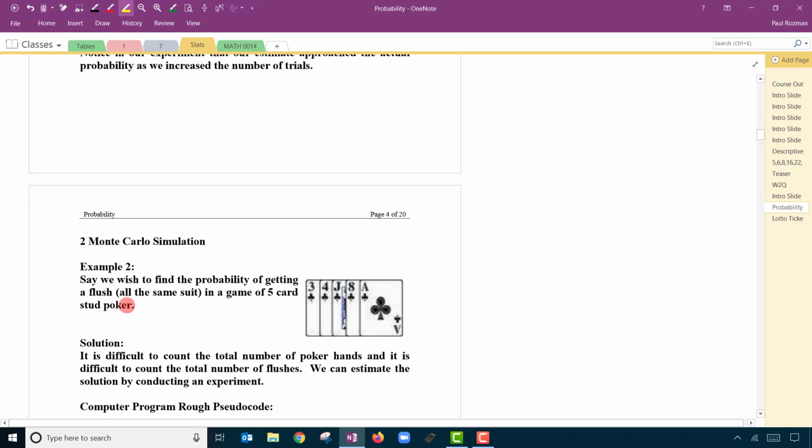Here's a little example then using cards where we're playing poker, and in poker you make a hand out of 5 cards. 5-card stud poker is special in that you never get to do anything weird. You don't draw any additional cards ever. You don't get to play with community cards on the board, as they say, for those of you who play games like Texas Hold'em.